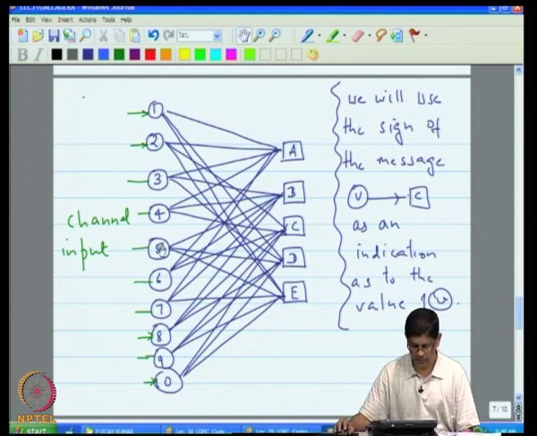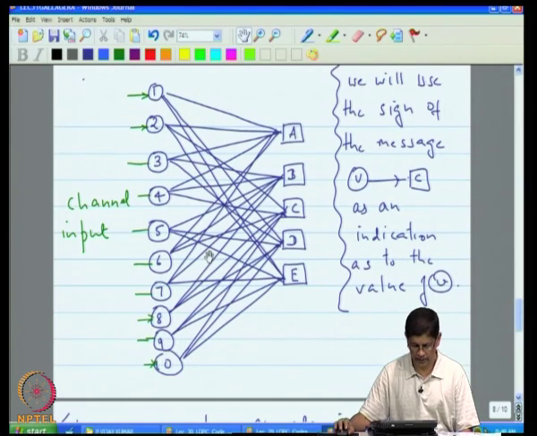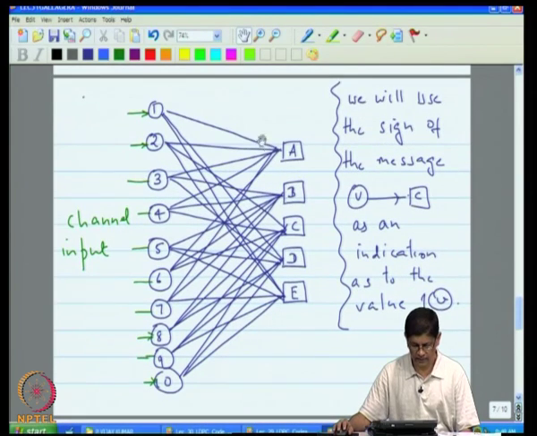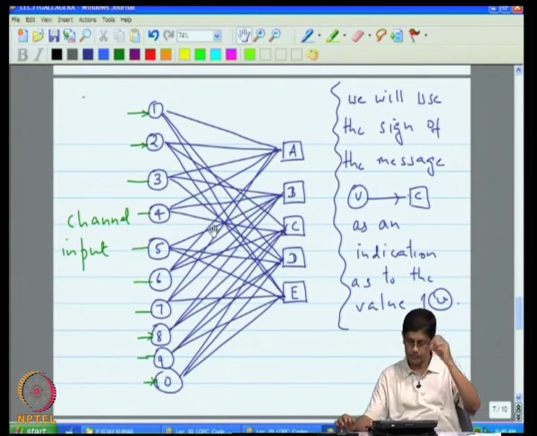This keeps continuing with the net effect that the sign of any message passed does not depend upon what the actual code word was, it remains the same.